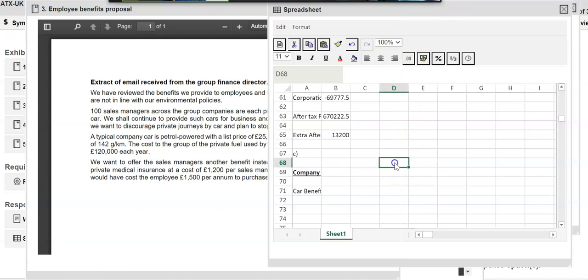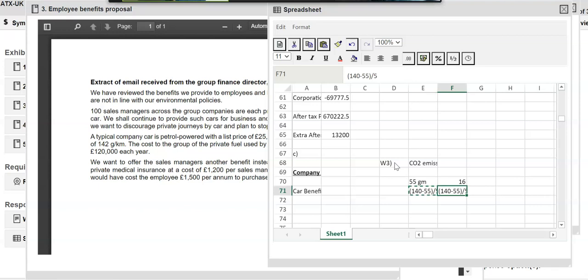If I calculate working number 3 for CO2 emission percentage, that would be up till 55 grams. It would be how much? It would be 16. Above that, it will be 140 minus 55 divided by 5, right?